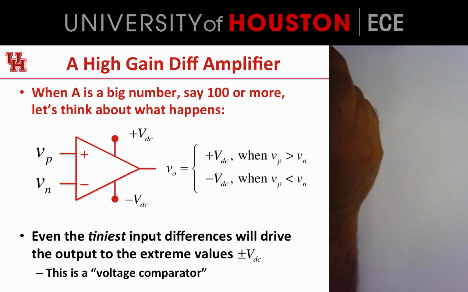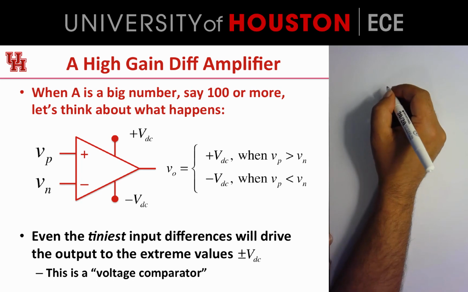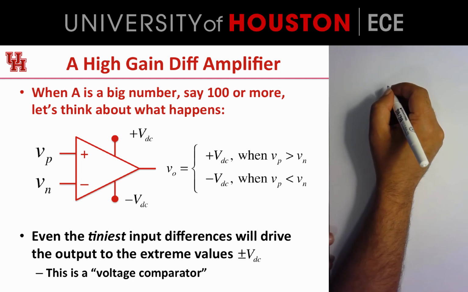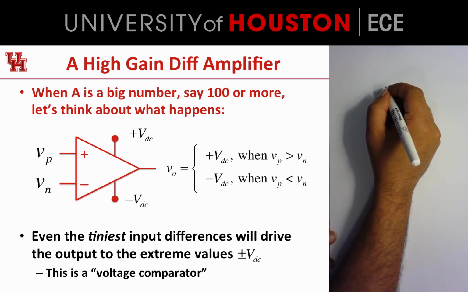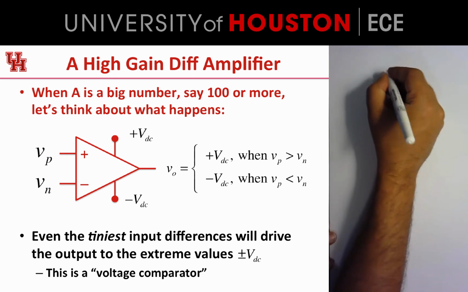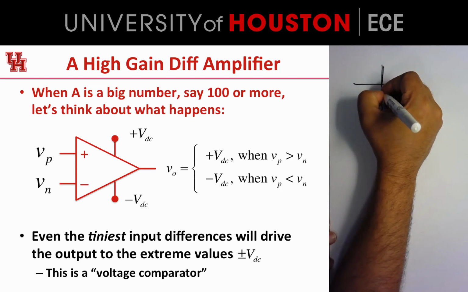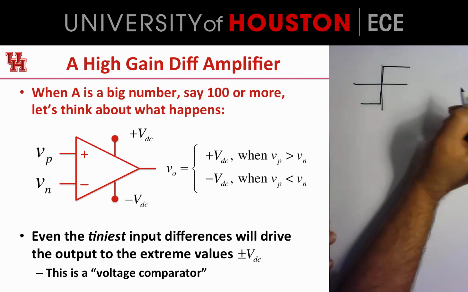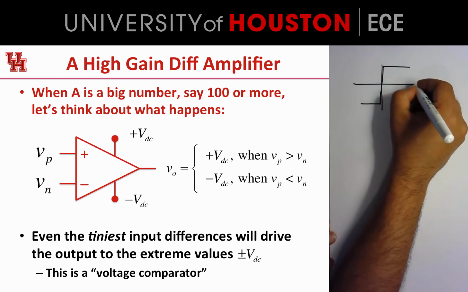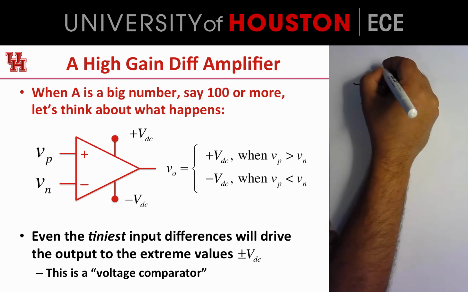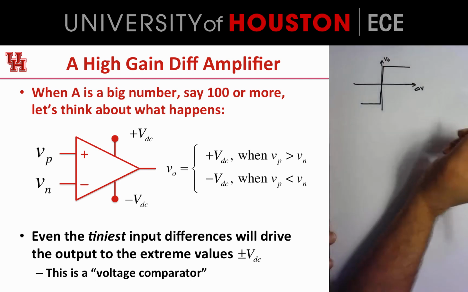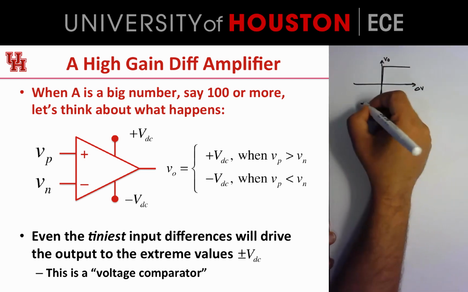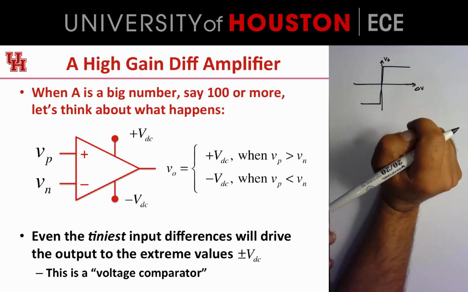All right. Now I just talked a little bit about the number A being large. In this case, even the tiniest voltage is going to be enough to drive it to one extreme or the other. So when A is very large, the input-output relationship for this op amp will look like that. If A is infinity, this will be like a perfect step function.